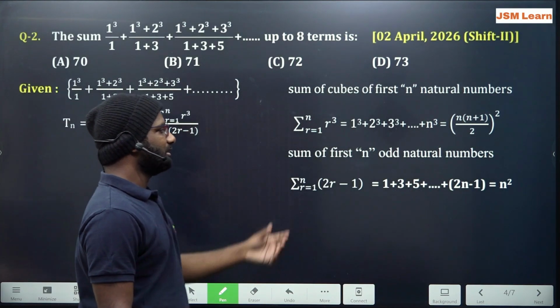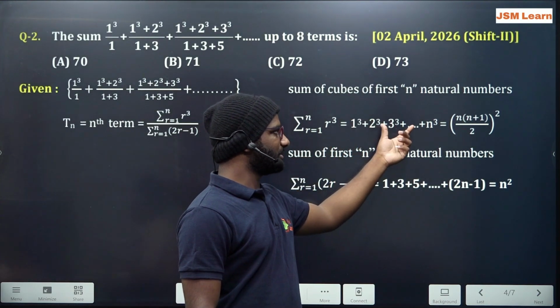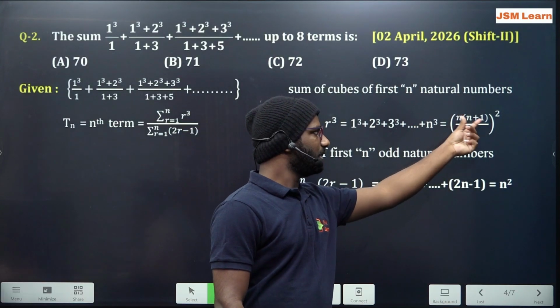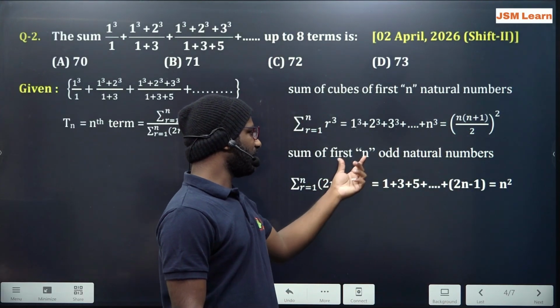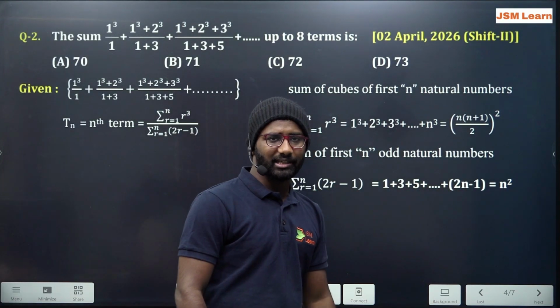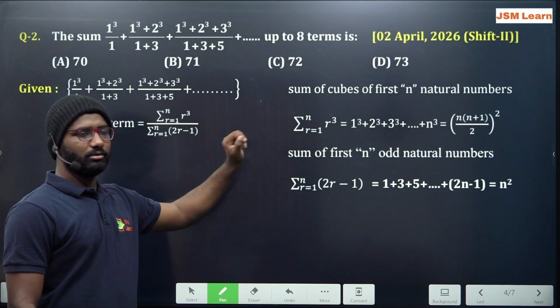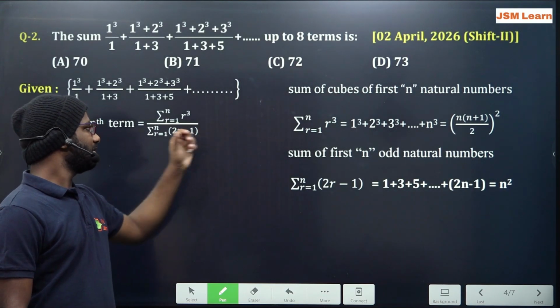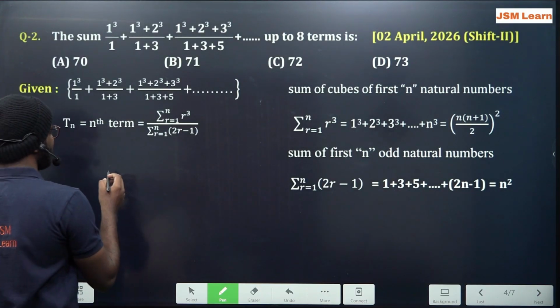We know that the sum of cubes of first n natural numbers is equal to (n(n+1)/2) whole squared, and the sum of first n odd natural numbers is equal to n squared. Seeing these two formulas, we will substitute them in the nth term of this sequence.